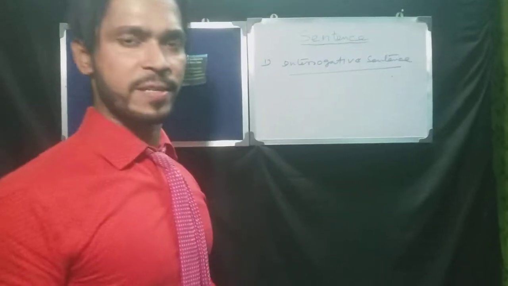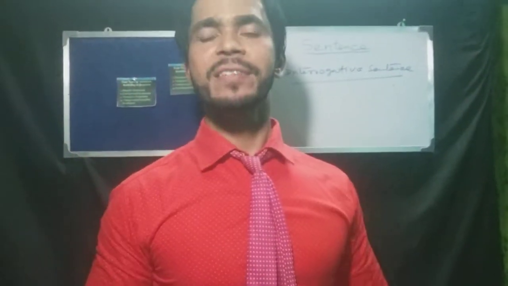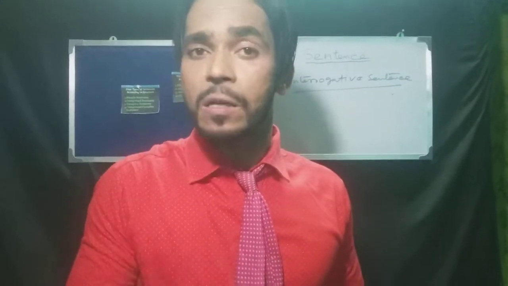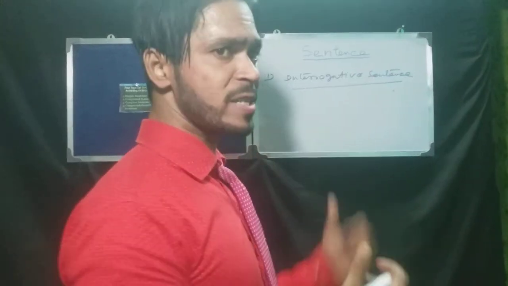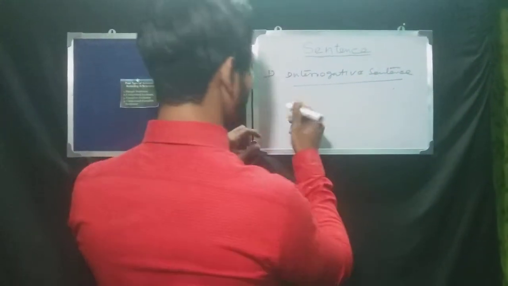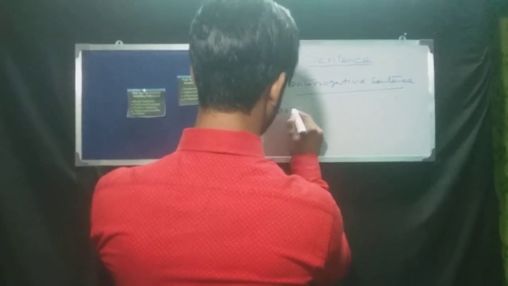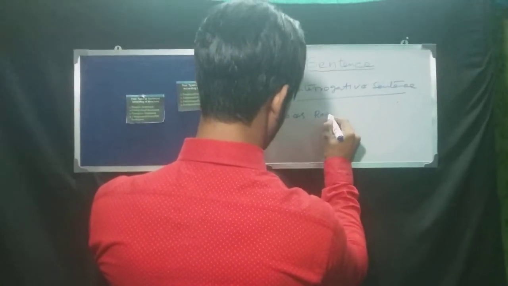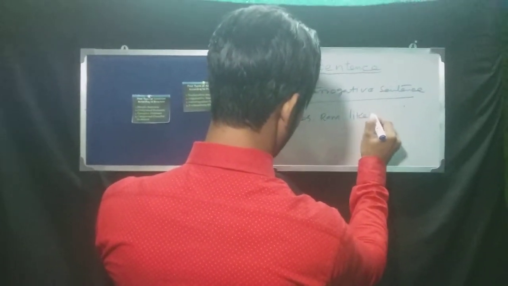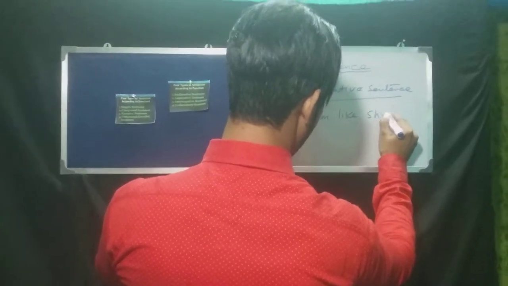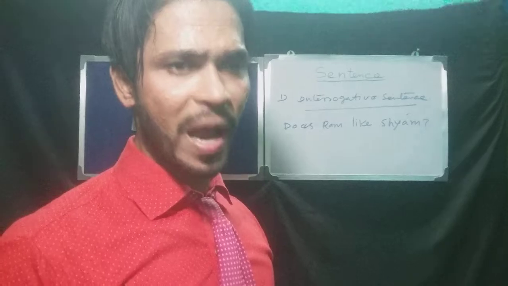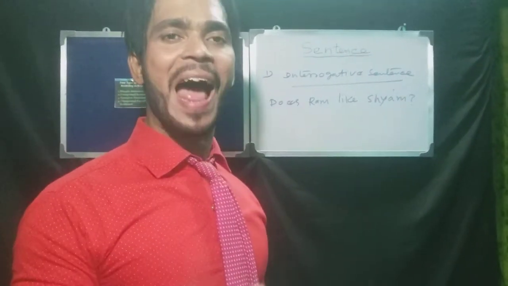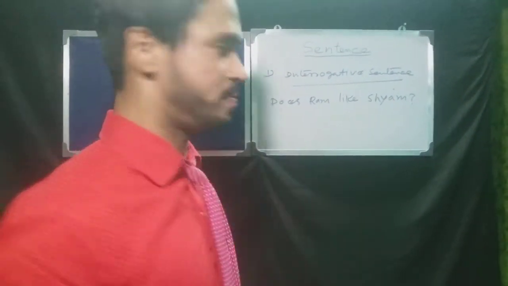What is an interrogative sentence? An interrogative sentence asks us something. It asks a question. Now let's check it out in an example. "Does Ram like Sham?" And this sort of sentence ends with the sign of interrogation.